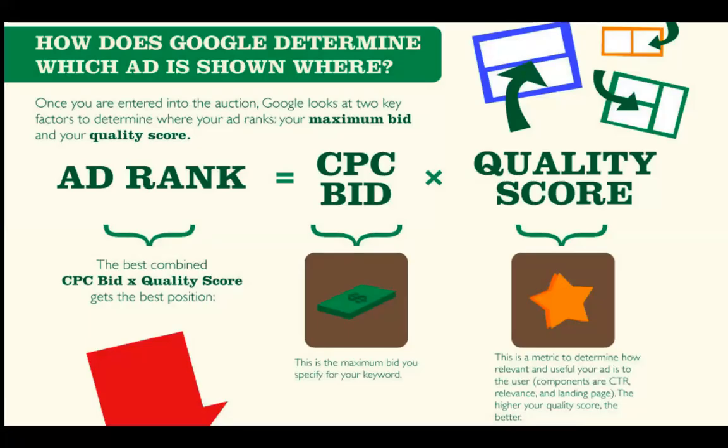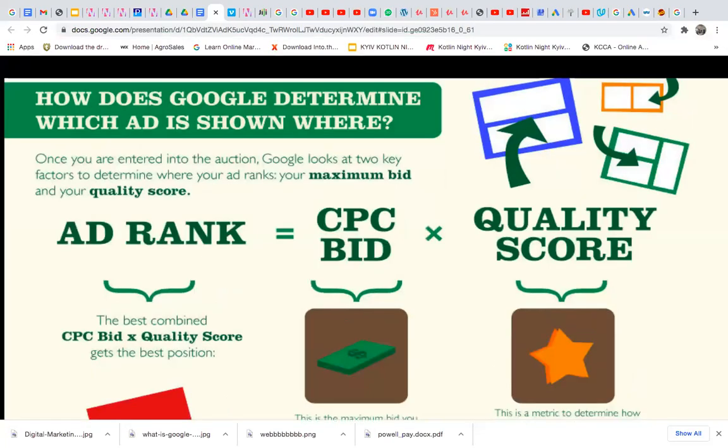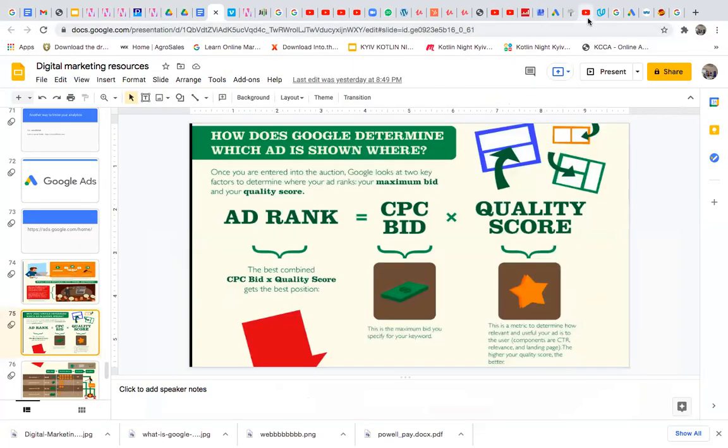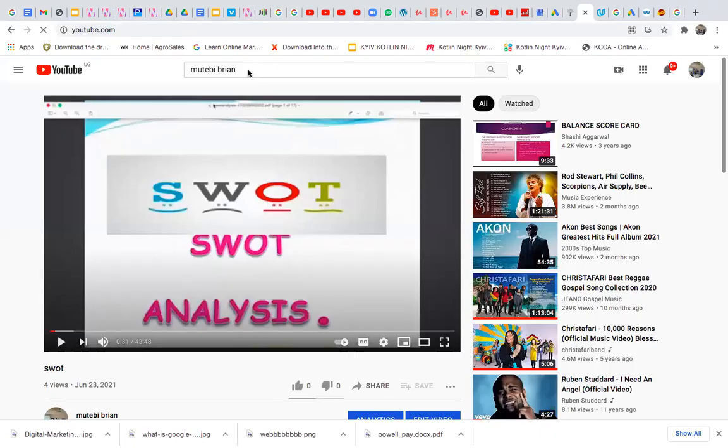Now, if you find an ad, let us say on YouTube, and you touch on it, and your bid is set.